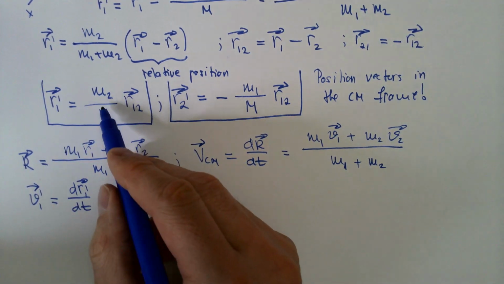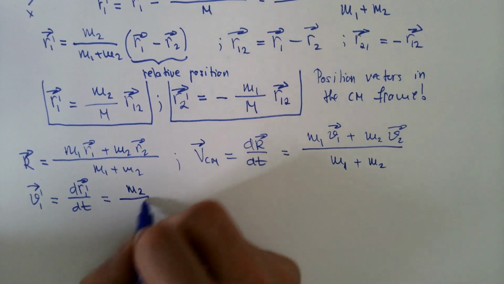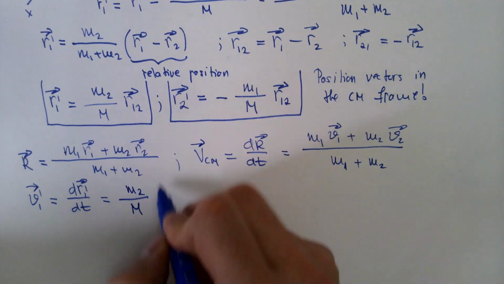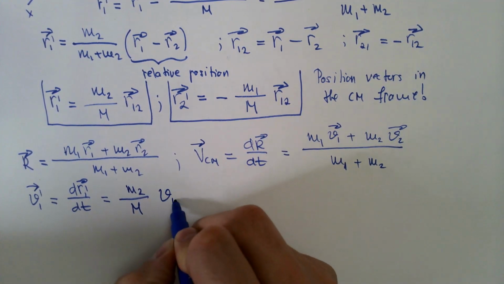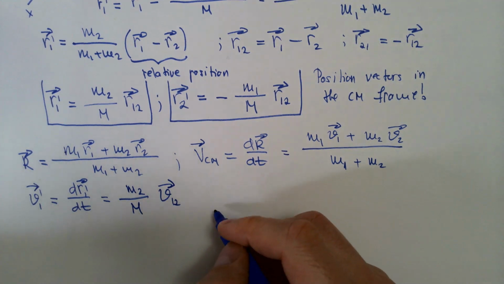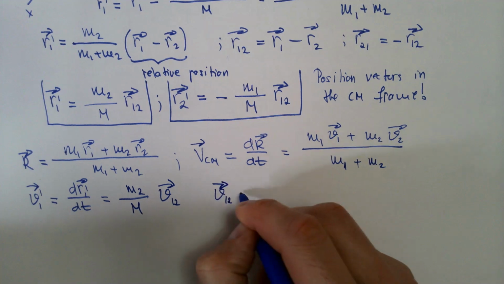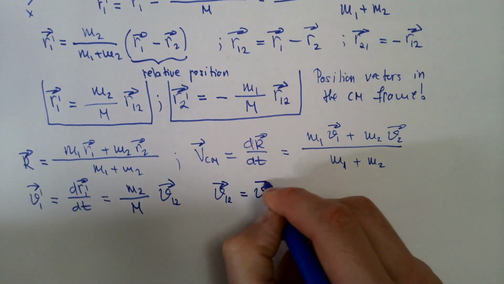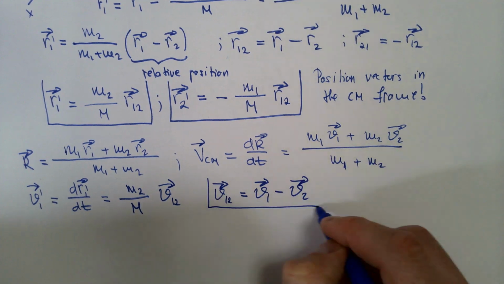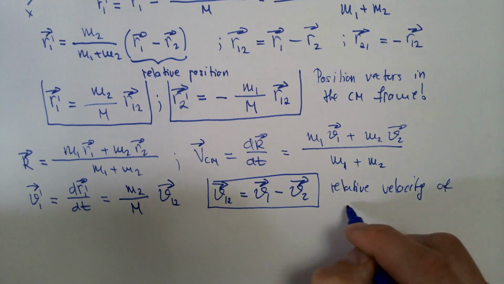But r1 prime is this, so we get that this is equal to m2 divided by capital M. Derivative of this is simply v12, where, of course, you must know now that v12 is v1 minus v2, which is a very important concept, and that is the relative velocity of these two particles.